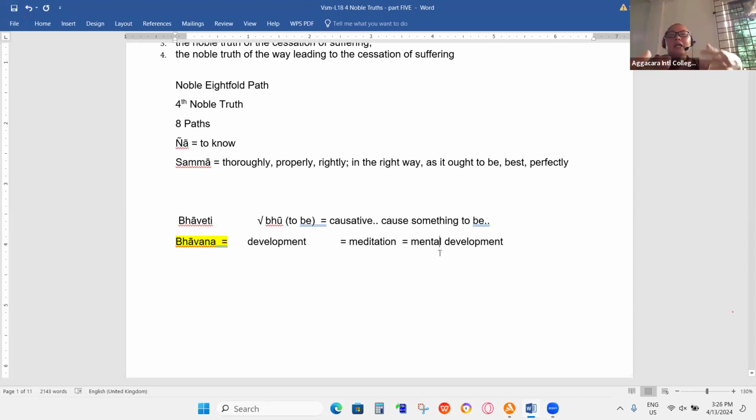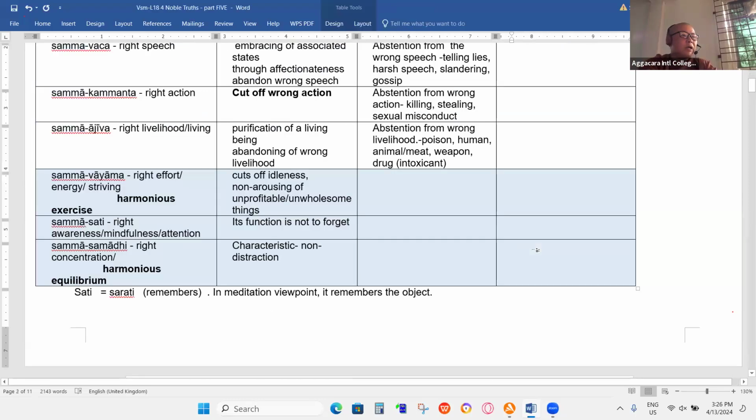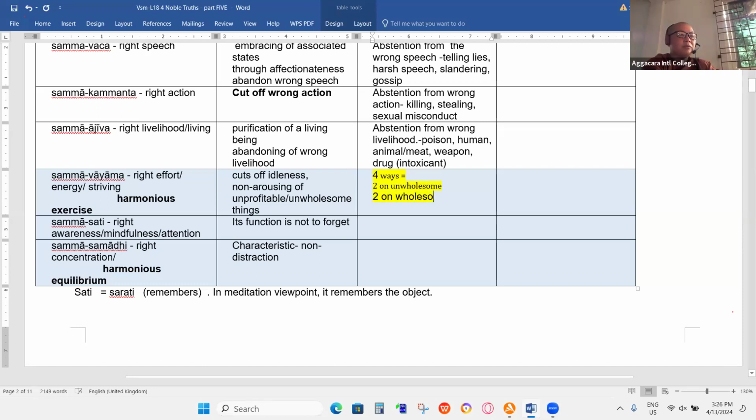As long as the practice you do brings more wholesome things to your mind and stops the unwholesome, then you are doing it the right way. Okay, so we are on this samma vayama: four ways, two on unwholesome, two on wholesome.